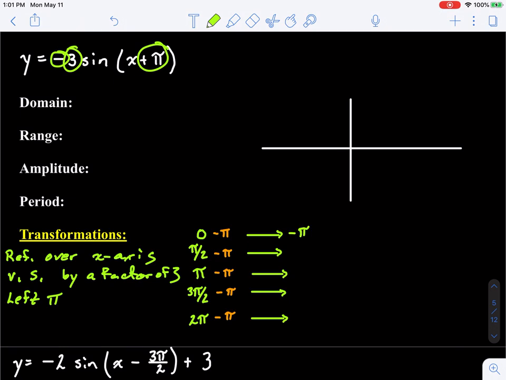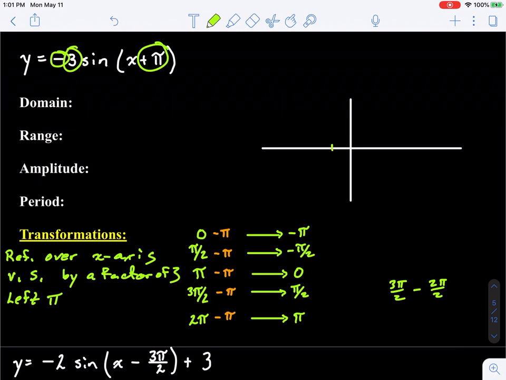Pi over 2 minus pi is negative pi over 2. Pi minus pi is 0. 3 pi over 2 minus pi is the same thing as 3 pi over 2 minus 2 pi over 2, which will give you 1 pi over 2. And then 2 pi minus pi is 1 pi.